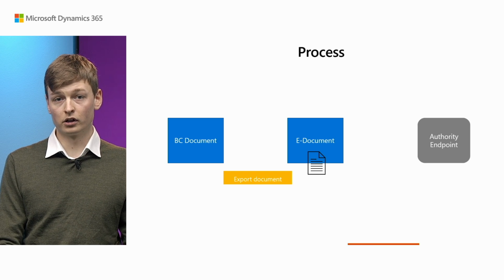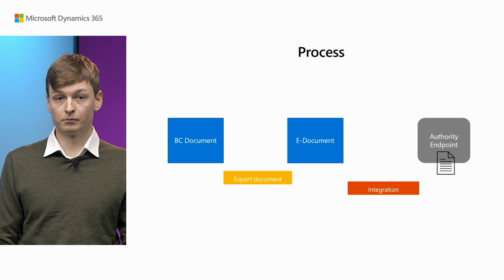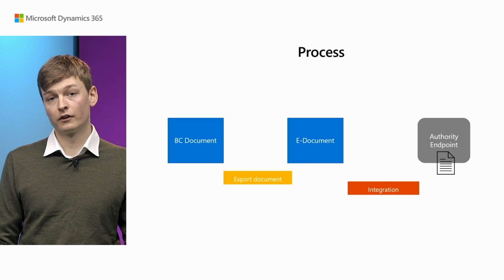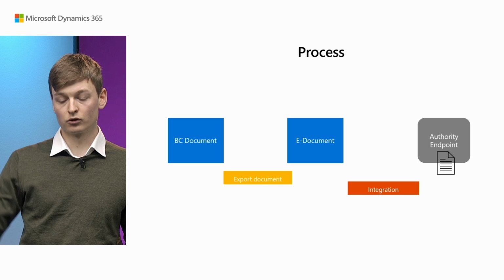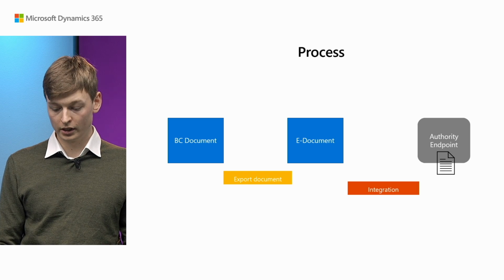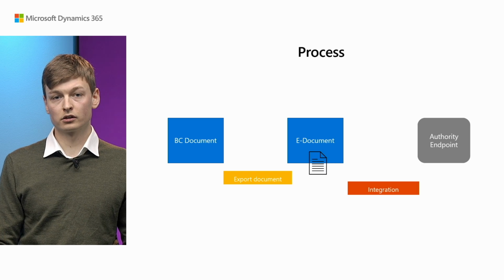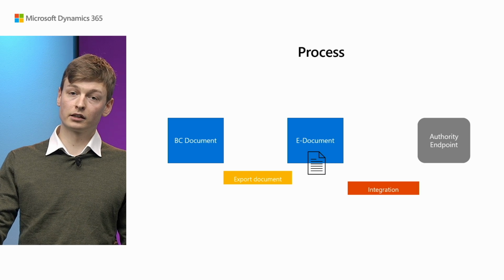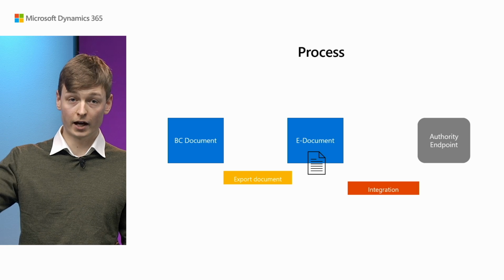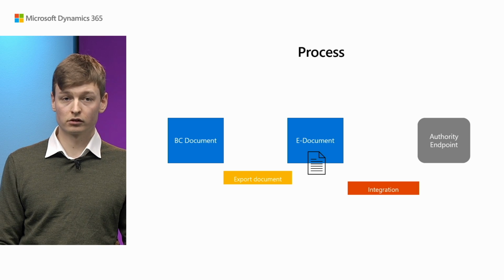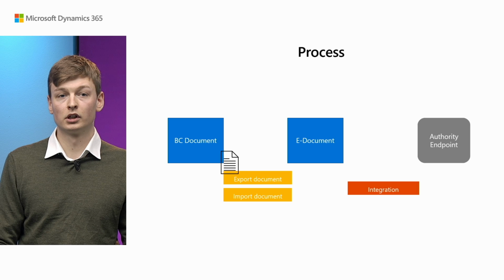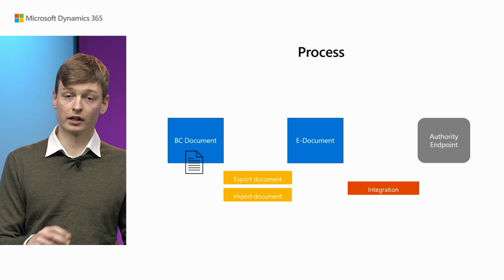And then we have our service integration, or integration implementation, that decides how we send this out to an authority endpoint. And vice versa, when we receive something, again, we use the integration implementation to actually get the data from a provider into an electronic document, and then we use an import document format to translate that back into a Business Central document.